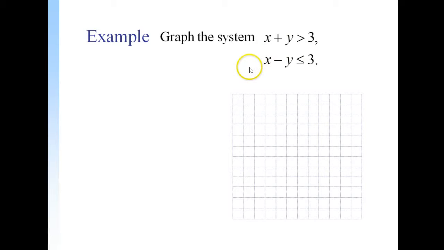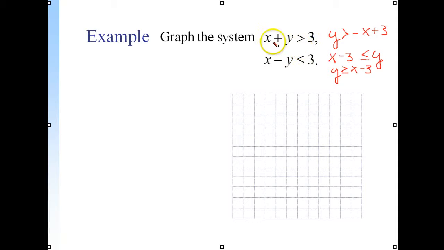So I'm going to convert both of these inequalities, as you see right here, to slope intercept form. I transpose the x. On that side it becomes negative. My y-intercept of that one was a +3. Now here I'm going to transpose the y to get the y positive, and I get this equation, and then I wrote it in that form.